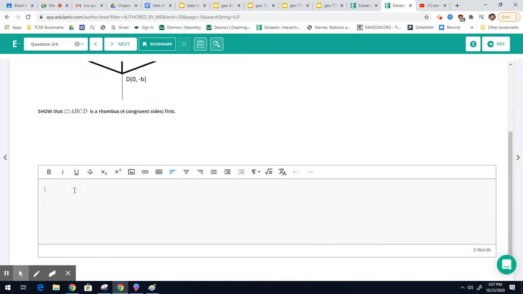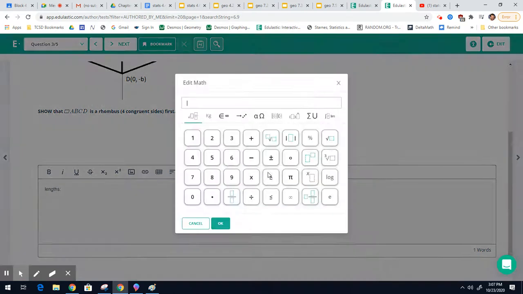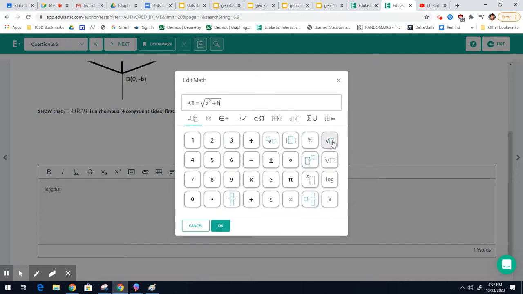Okay, so I'll come down here. We're going to do the side lengths, again to prove that it has 4 congruent sides. So AB equals the square root of A squared plus B squared. BC equals the square root of A squared plus B squared.